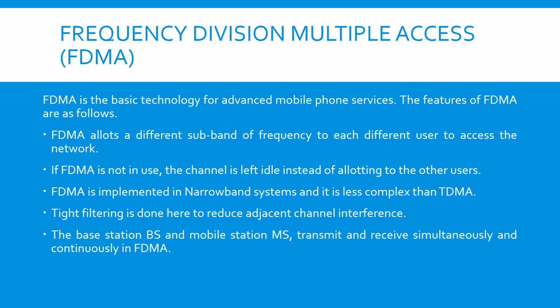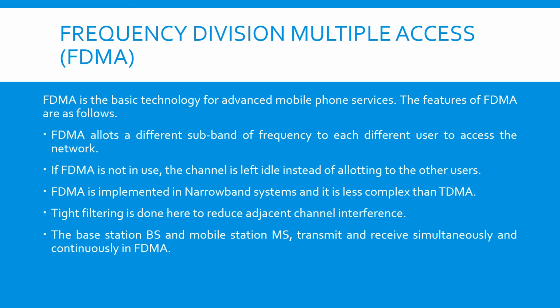Now, FDMA is implemented in narrowband systems and it is less complex than TDMA. So FDMA is a technology which we do not use anymore. This is a type of narrowband system where we had a very small variety of bandwidth that we used. Tight filtering is done here to reduce adjacent channel interference.